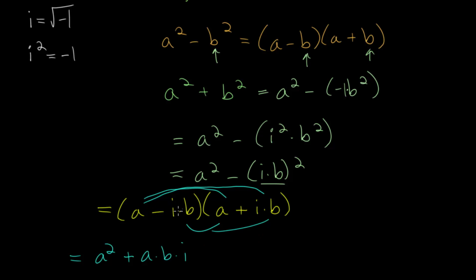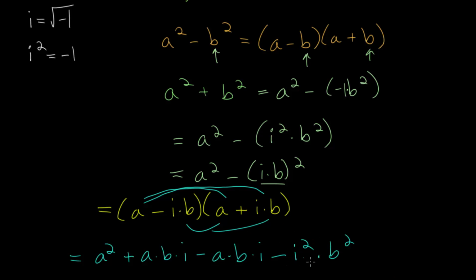And we would have minus ib times a, which would be minus a times b times i. And lastly, we have minus ib times positive ib. So we get i times i, which is i squared, and b times b, which is b squared.